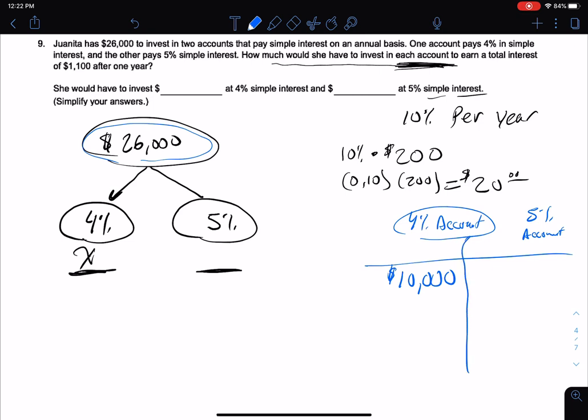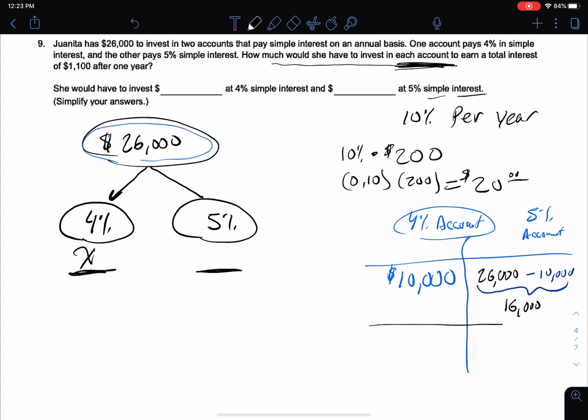Well, you'd probably just tell me it must be $16,000. And if I asked you how you did it, you'd say, well, the original starting amount was $26,000, and I deposit $10,000 into the 4% account, well, then what's left goes in the 5% account. So 26,000 minus 10,000 is 16,000.